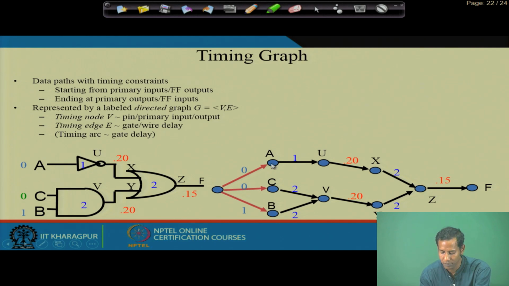So here, from this to A, let us say this is one dummy node. From the dummy node to A, this is 0, this is 0, this is 1.